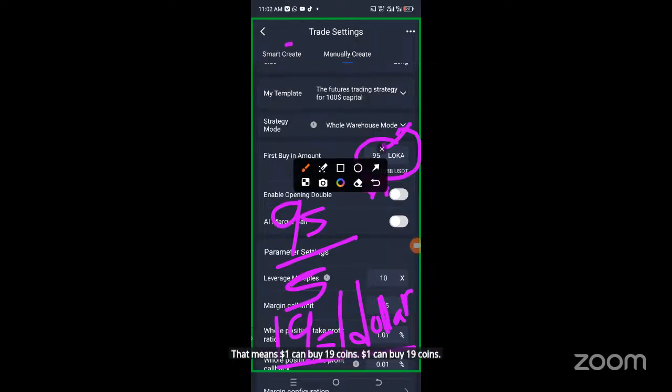What about the $50 that we have? How many coins can $50 buy?